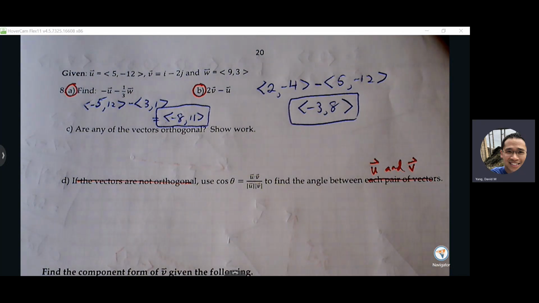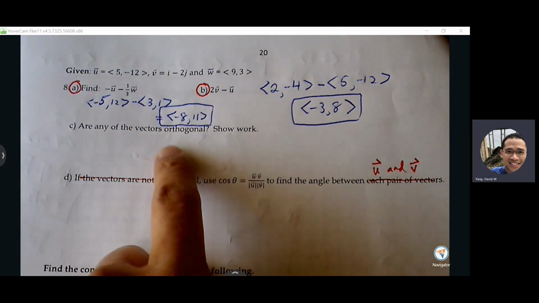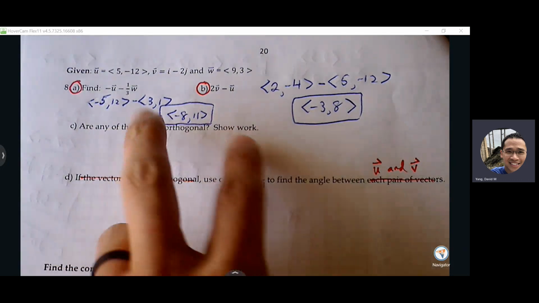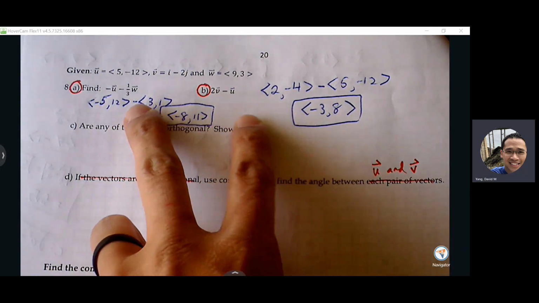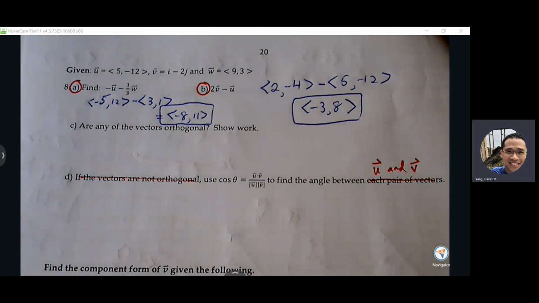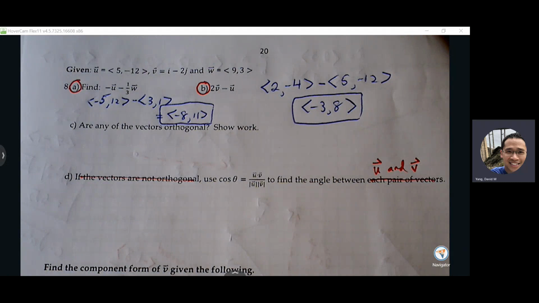Your quiz is tomorrow, and I'll give you guys another few worksheets for us to start if we finish with this. And then you guys also picked up a half sheet. I have some work problems for us to practice with that I wasn't able to fit onto the first review worksheet. But on page 20, we did number 8, A and B. Doing operations with vectors, we just involve the coefficient if needed, and then add or subtract accordingly.